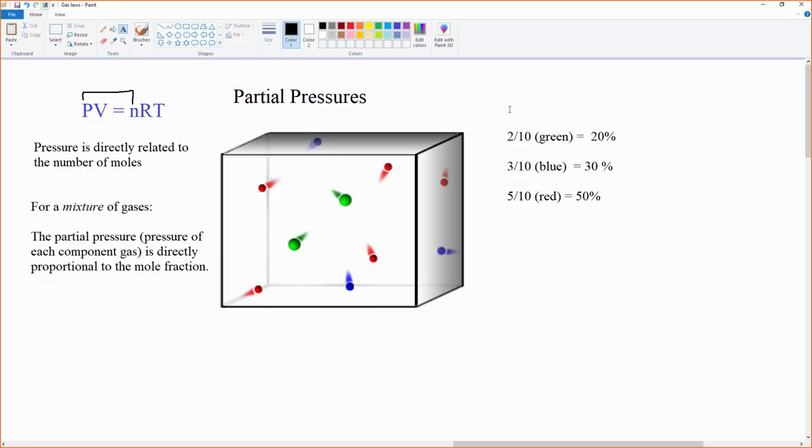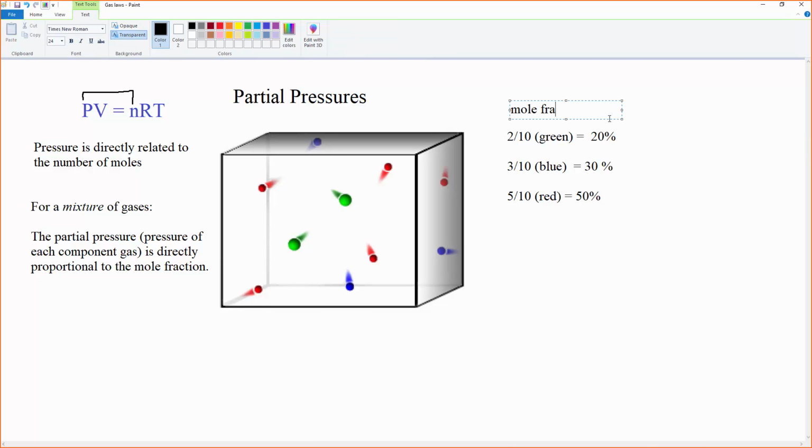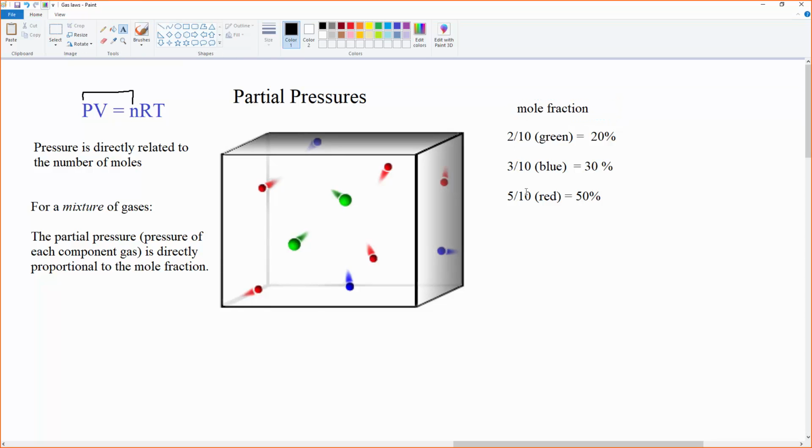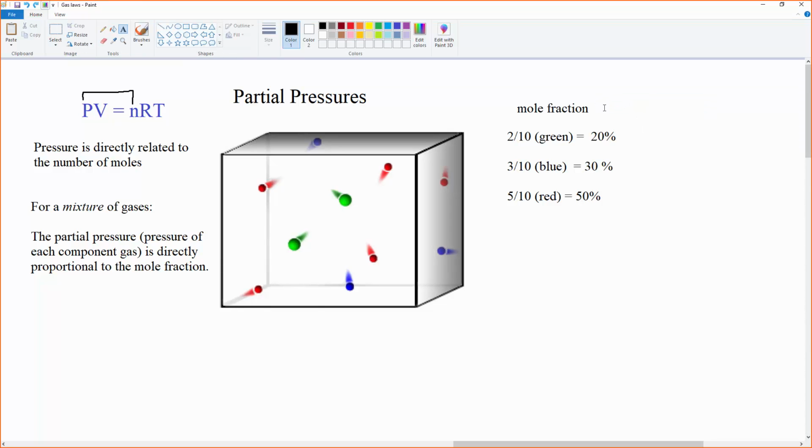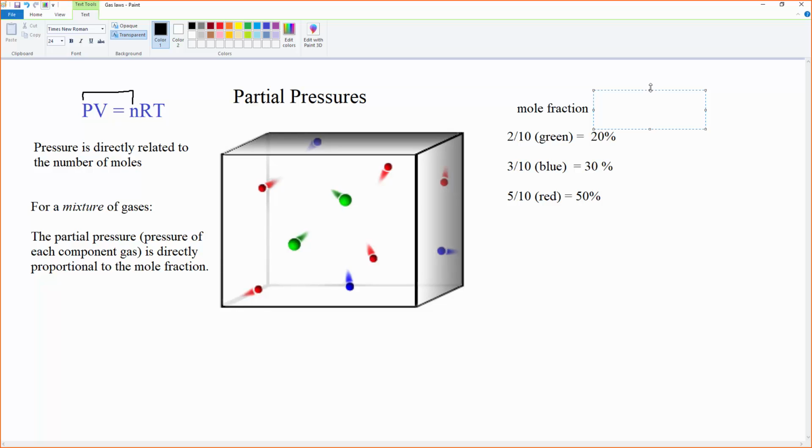So this is what I would call the mole fraction. The relative number of moles of each divided by the total number of moles, right? I'm going to say N of A, oh, hang on a second. N sub A divided by N total.